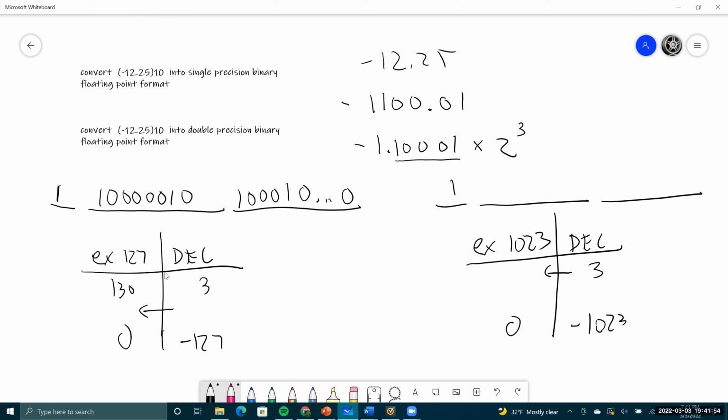So 3 is going to be 1026. So 1026 is 1024 plus 2. So you put them together, it's 1026. And the fraction is going to look the same.